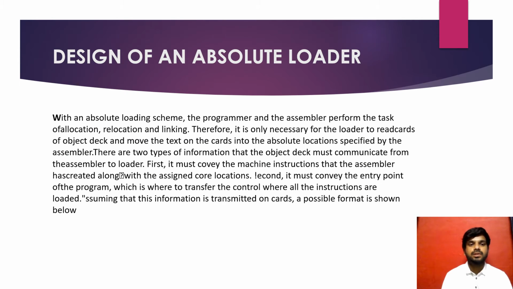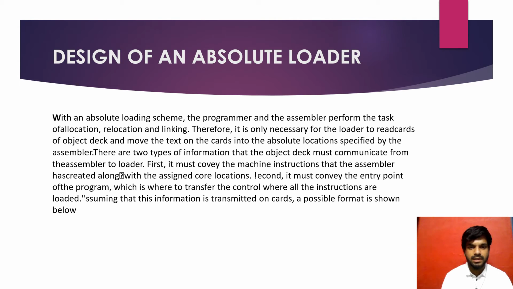The next topic is the design of an absolute loader. Within an absolute loading scheme, the programmer and the assembler perform the tasks of allocation, relocation, and linking. Therefore, the loader only needs to read cards of the object deck and move the text on the cards into the absolute locations specified by the assembler. There are two types of information that the object deck must communicate from the assembler to the loader.